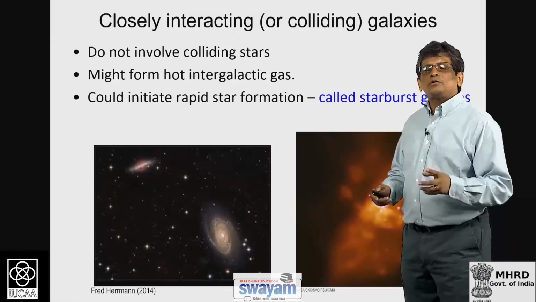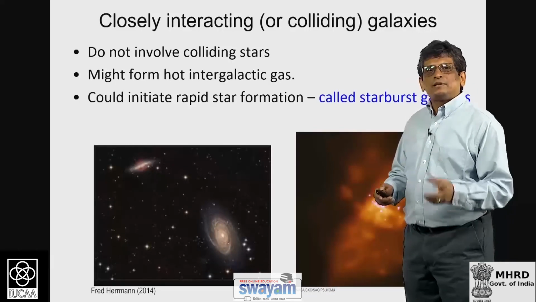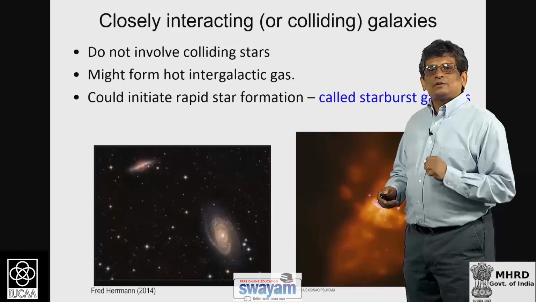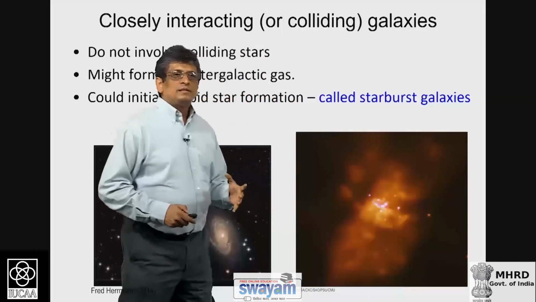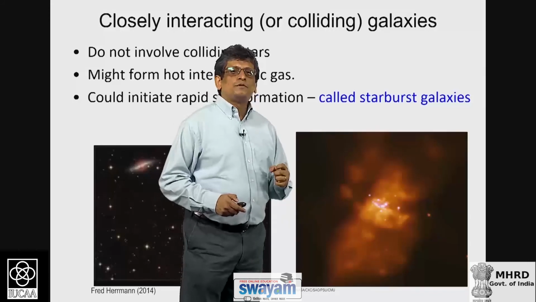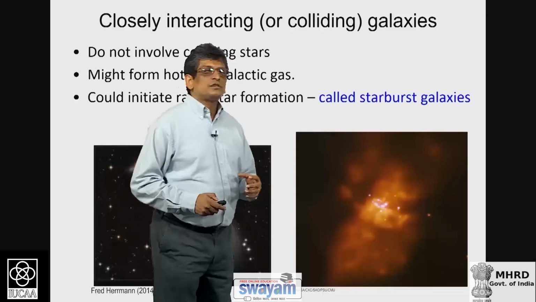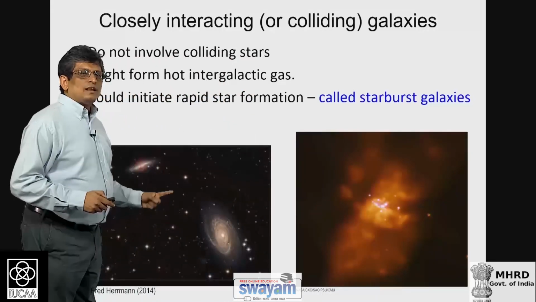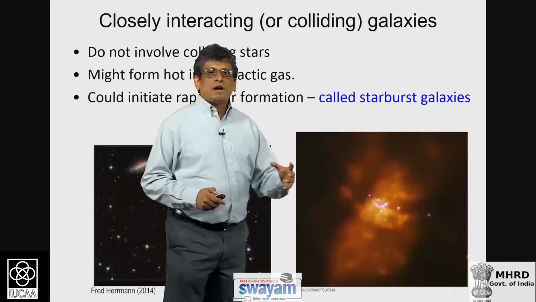And what could also happen is that due to this close interaction, you can have rapid star formation and lead to starburst galaxies. We gave you an example. Here is a picture of M82, which I have shown before, a small galaxy that, due to the interaction between these two galaxies, M81 and M82, has formed a starburst galaxy.